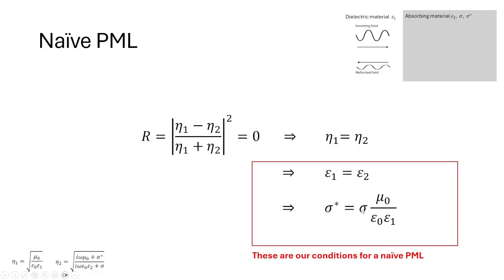So if we know the electric conductivity, then we can just set the magnetic conductivity using this equation. And these are our conditions for a PML. If we set up our FDTD with these conditions being true, we should get an absorbing layer that does not reflect light.